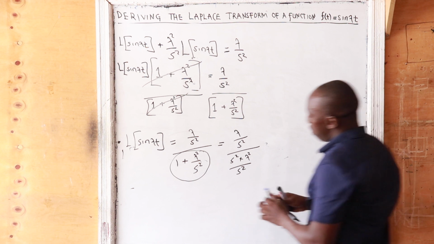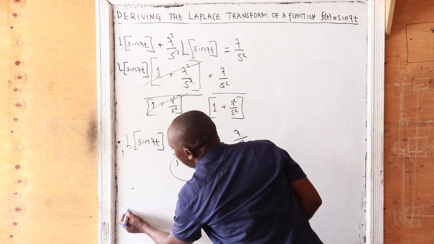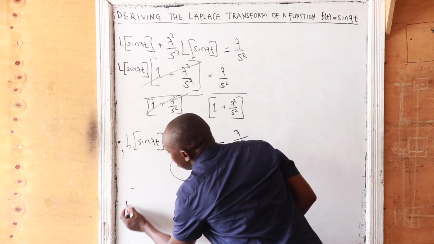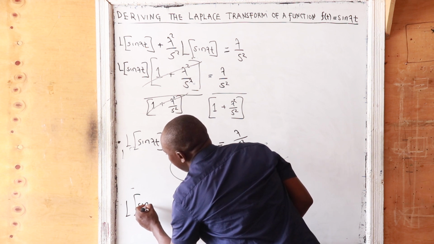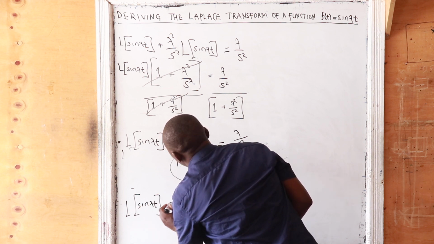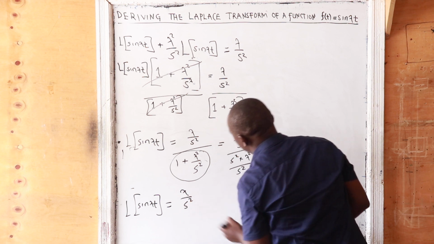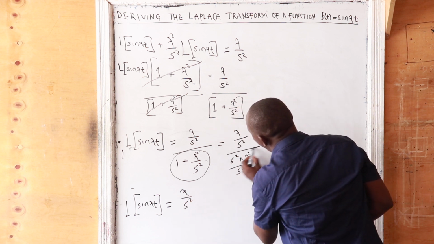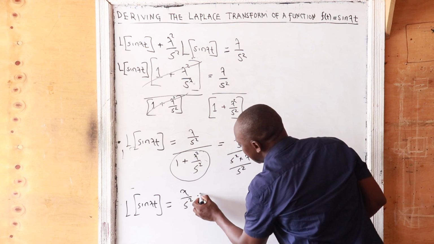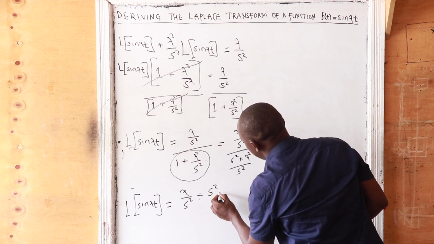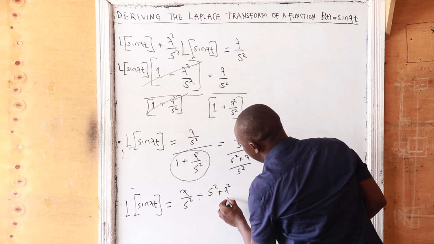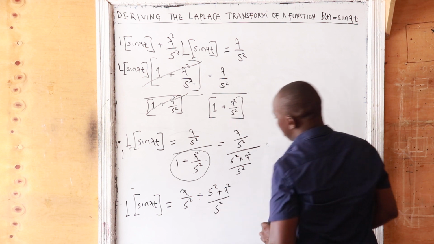After getting this, we have our Laplace transform of sine lambda t equal to lambda over s squared, divided by s squared plus lambda squared all over s squared.